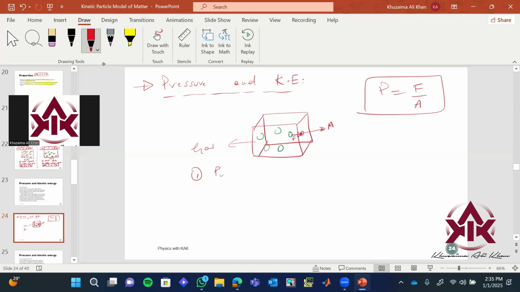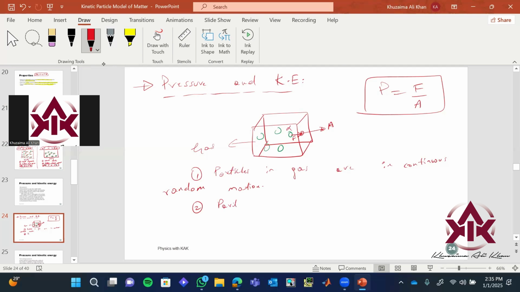Particles in a gas are in continuous random motion. So let's say this is particle alpha.